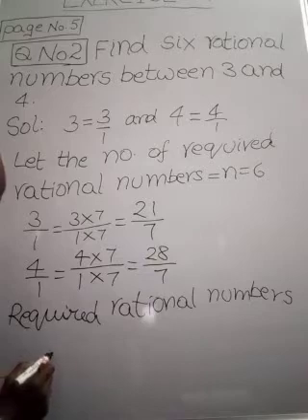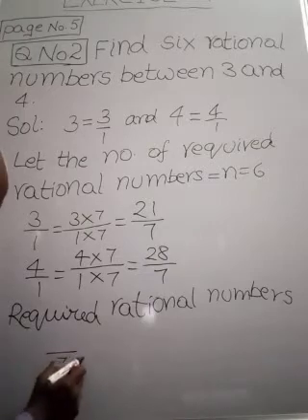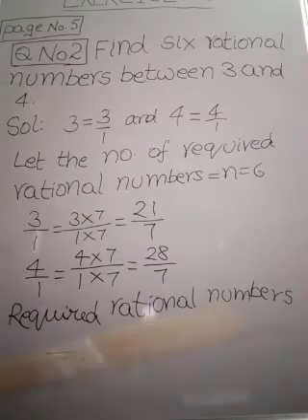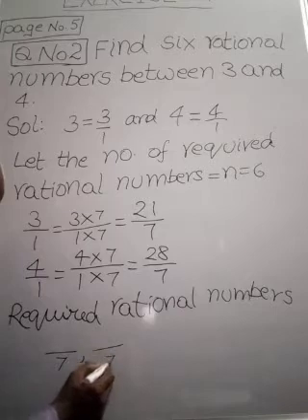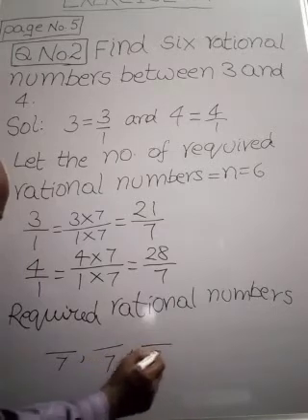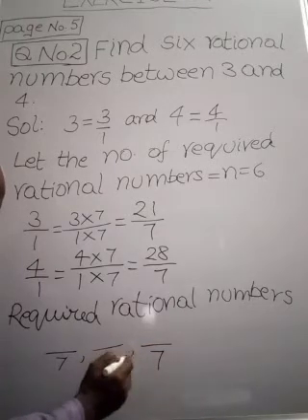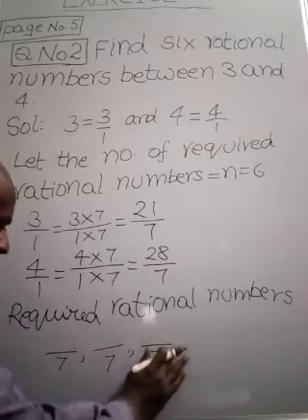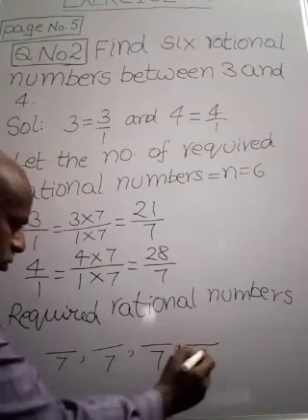Write 6 rational numbers with the denominator 7. Here denominators are 7. So denominator 7, denominator 7, denominator 7, denominator 7.